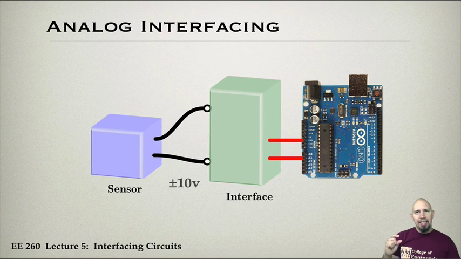In a sense, it's like only using 9 bits of the converter instead of the full 10 bits. So if it's possible, it's best to set up your system so that you get the maximum. Obviously you want the maximum, but you don't want to go over it, because remember, the input into an analog input channel can be at most 5 volts, so you don't want to go above 5 volts. That's important to keep in mind as we look at this interfacing.